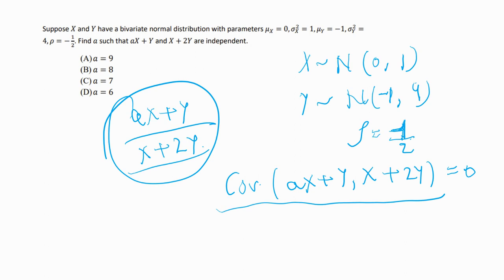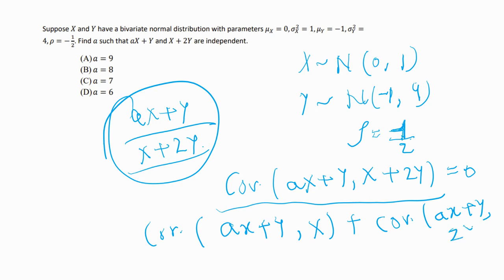So I think you can write it separately: covariance of ax plus y comma x, plus covariance of ax plus y comma 2y.